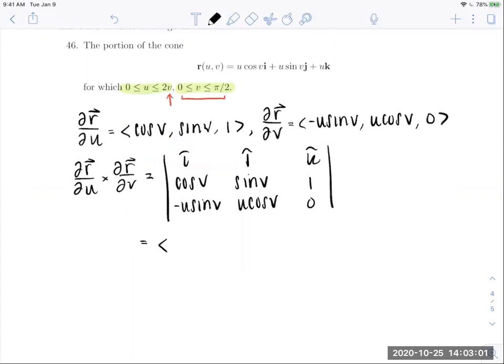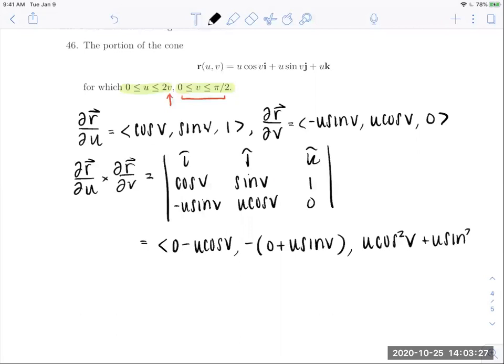In the i hat, I get 0 minus u cosine v. In the j hat, I'm going to go ahead and stick my negative out there. I get a 0 minus a negative, or plus, u sine v. And in the k hat, I get a u cosine squared v minus a negative, or plus, u sine squared v.